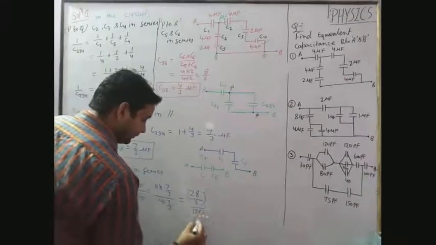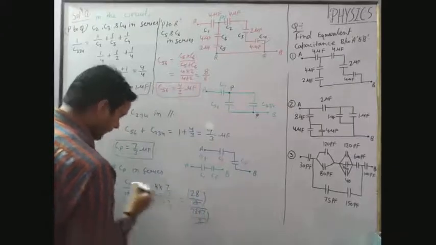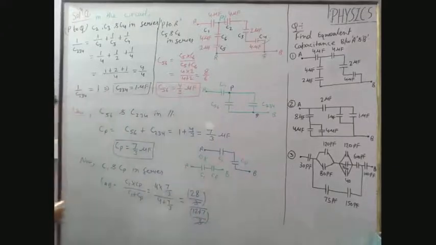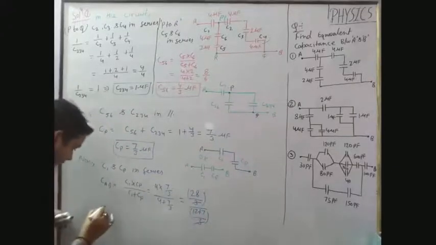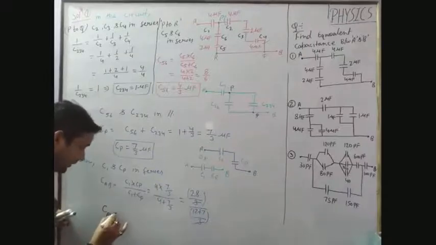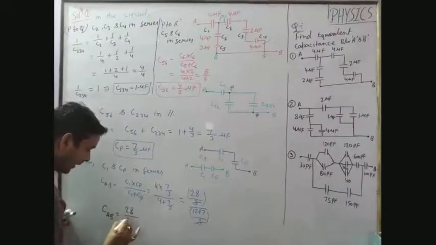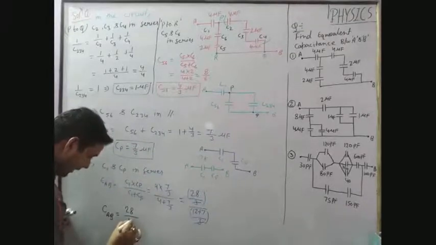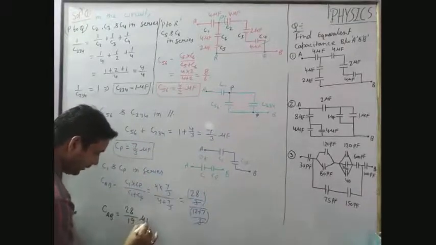Okay, this you will find that the final result is CAB is equal to 28 by 19 microfarad.